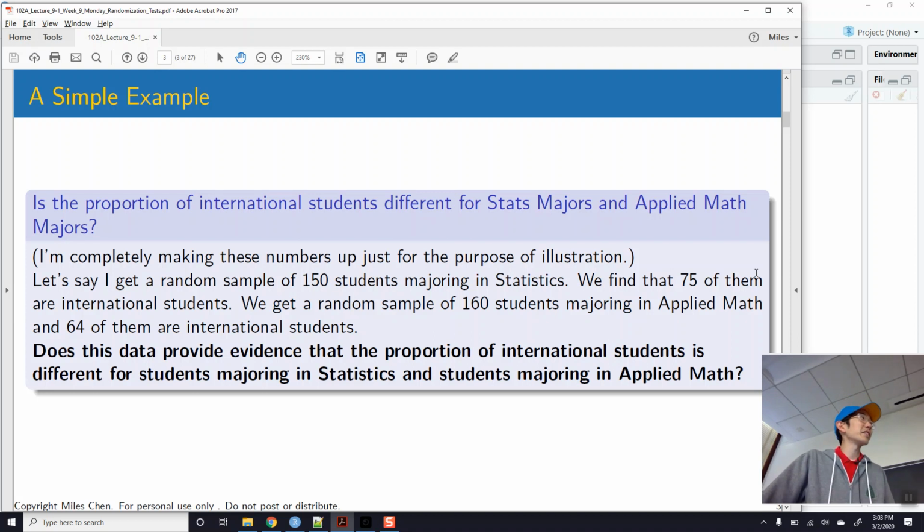All right, what do you guys think? 75 out of 150 versus 64 out of 160. Is there a difference? Yes, no, maybe? Well, if you think back to your days of Stats 10, Intro Stats, AP Stats, whenever you took your introductory stats class, what is the test that we would use to compare the proportions of these two groups?